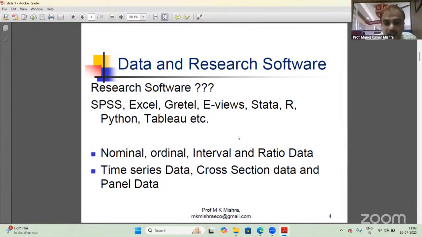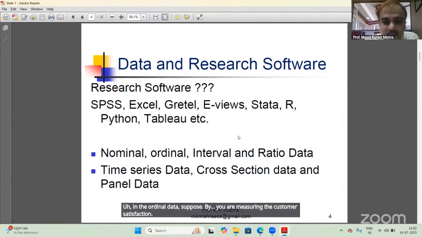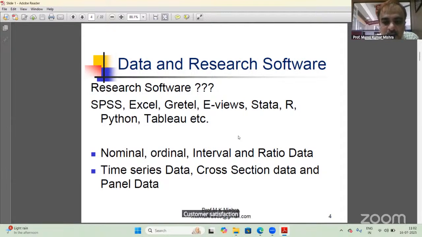In the ordinal data, suppose we are measuring customer satisfaction. We do the order. Ordinal is related to the order; nominal is related to the name. Male, female, rural area, urban area are nominal data.